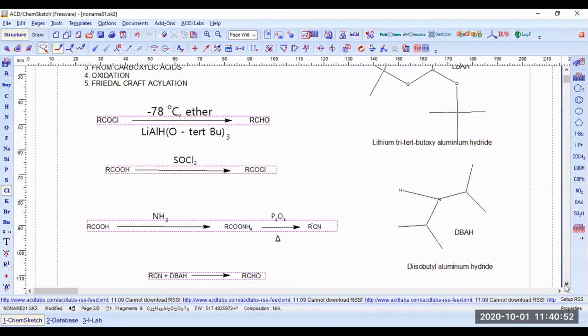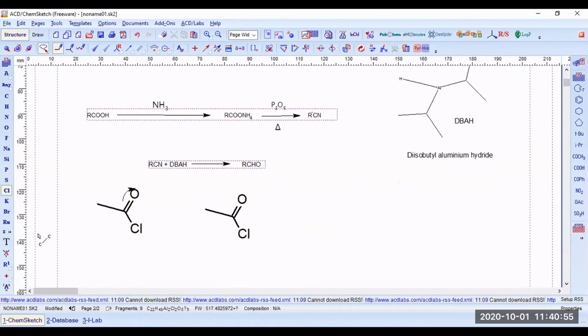This O will get a negative charge because of polarization, the electromeric effect. What will happen in the presence of LBAH? This is what happens.